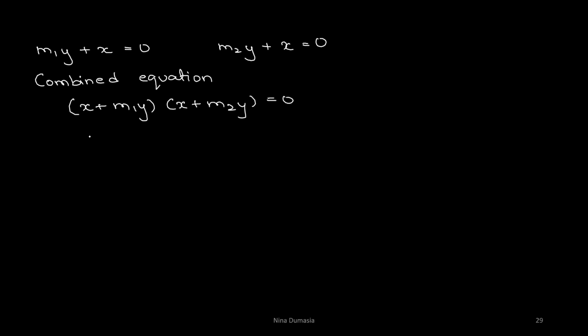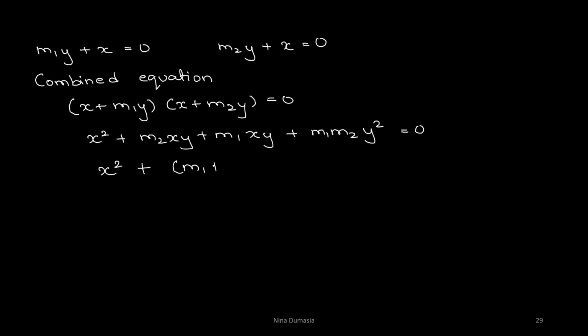तो इसको मल्टीप्लाई करते हैं तो we get x square plus m2xy plus m1xy plus m1 into m2 y square. Now we can write this as x square plus m1 plus m2 into xy plus m1 into m2 y square.